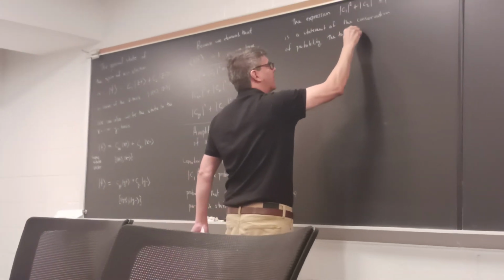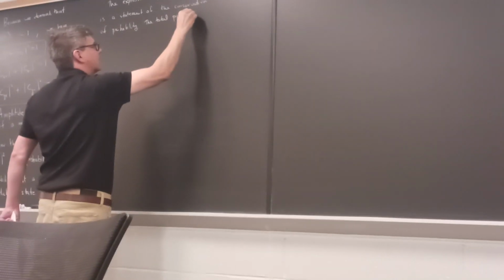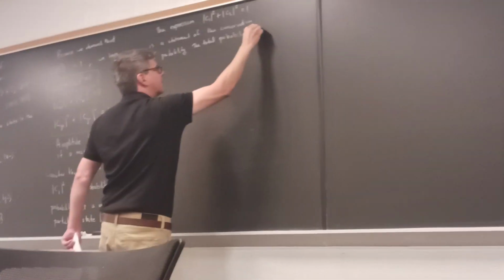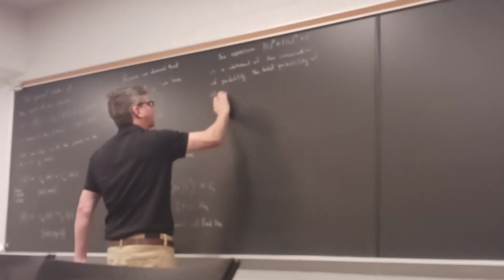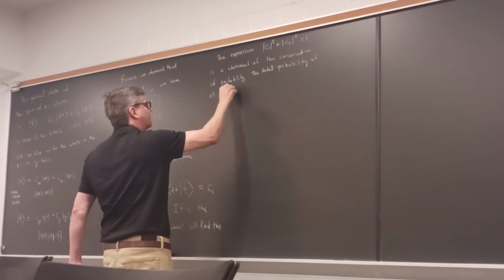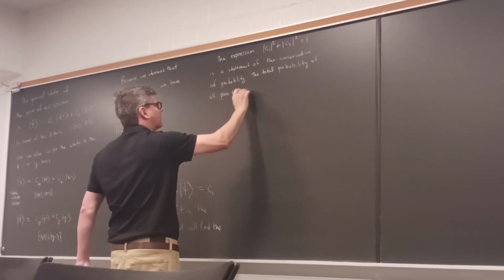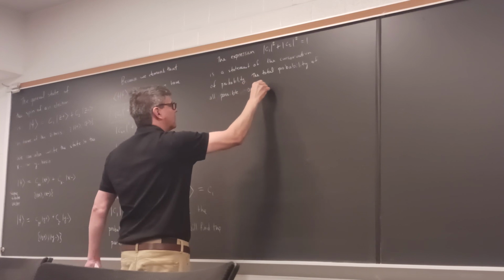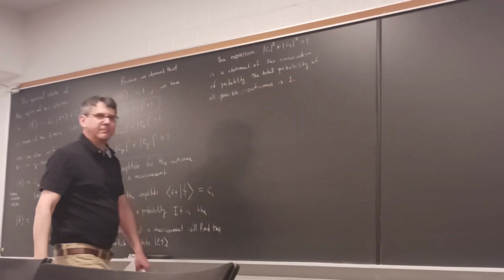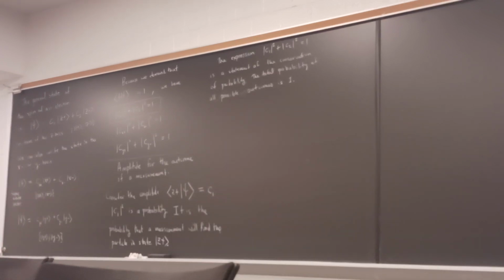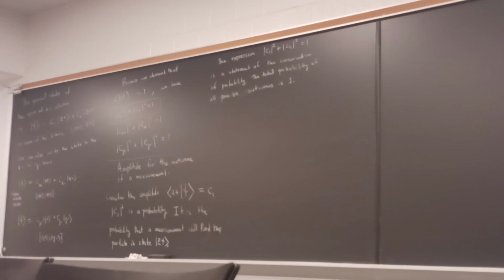The total probability of all possible outcomes has to be 1, because something has to happen. Okay?